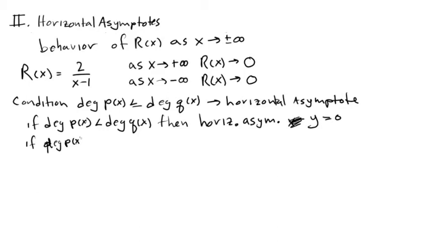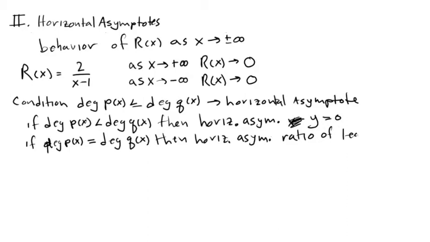Now, if the degree of p of x is equal to the degree of q of x, then the horizontal asymptote is going to be the ratio of the leading coefficients. Now, what do I mean by that?